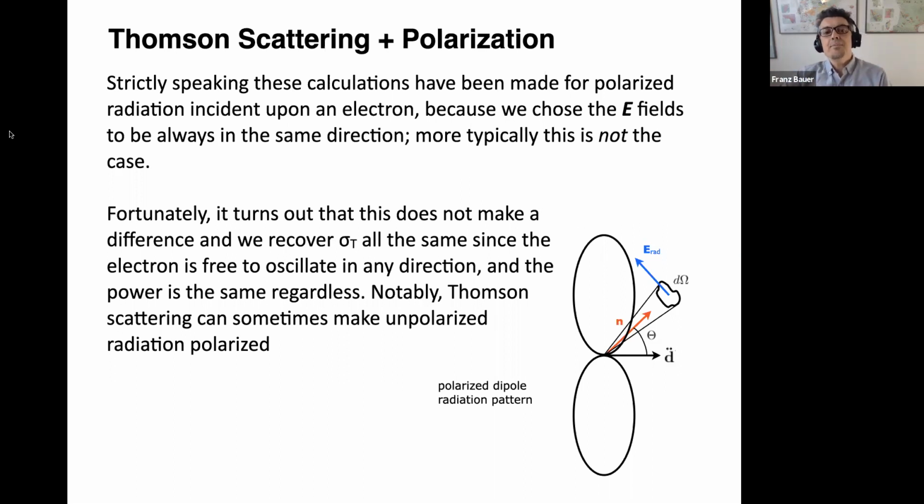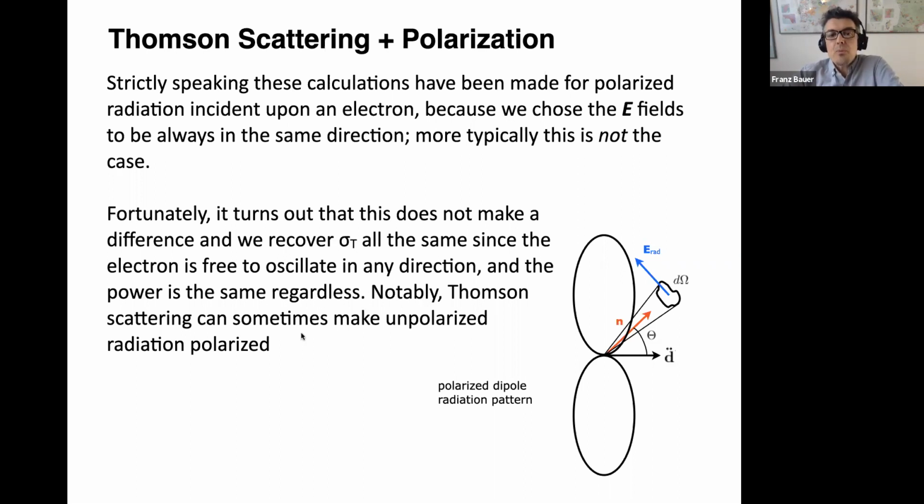The benefit here is that this doesn't really end up making much of a difference. We end up recovering the value of Thomson scattering regardless of whether the E fields are coming in this direction versus this direction. That's fine. Basically the electron is free to oscillate in any direction, and so this takes care of the directionality of the E field.